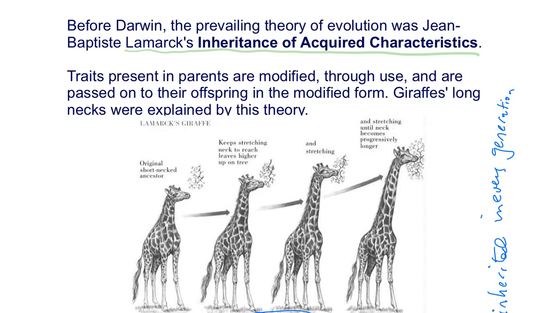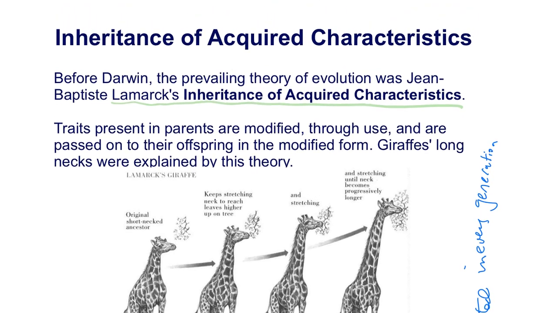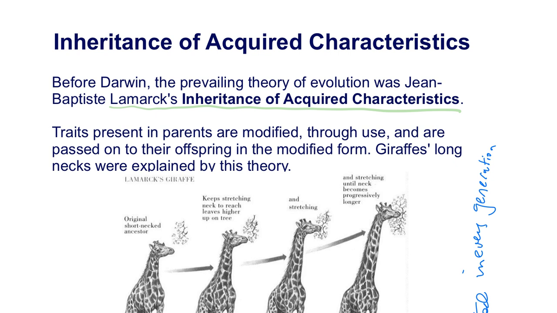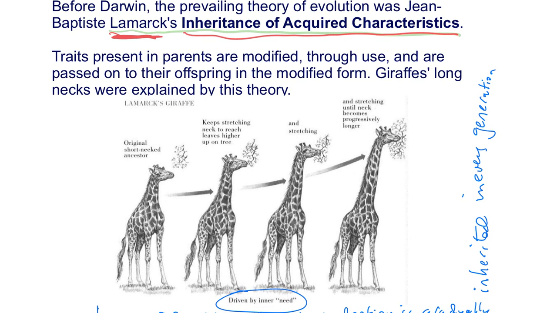Okay, a theory of evolution that competed with Darwin's theory was Lamarck's theory called inheritance of acquired characteristics. Here's the example he used to explain it.